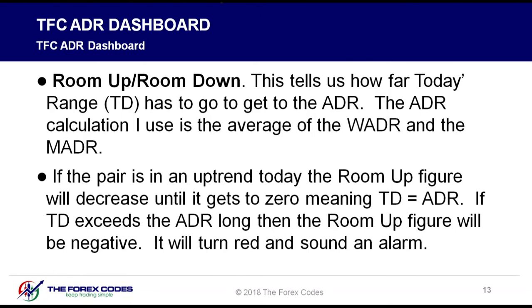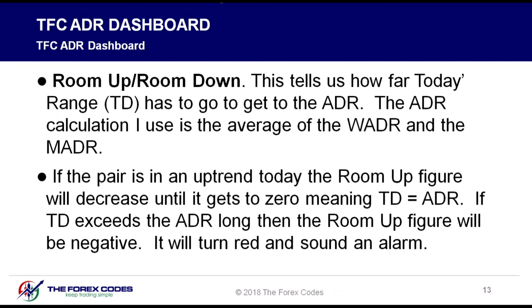As I've just said, if the pair is in an uptrend today, the room up figure will decrease until it gets to 0, which means today's range equals the average daily range. Now, this is important. If today's range exceeds the average daily range long, then the room up figure will be negative.